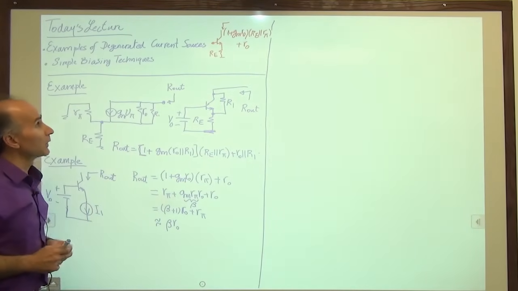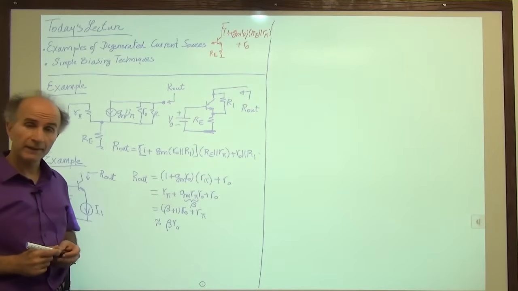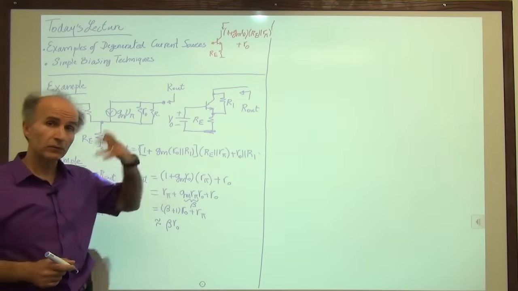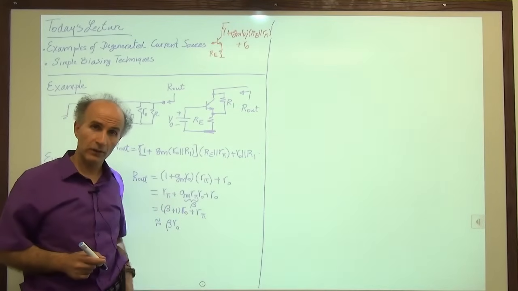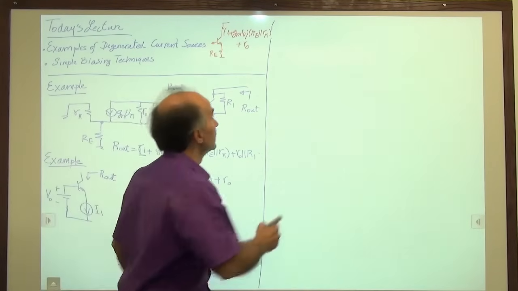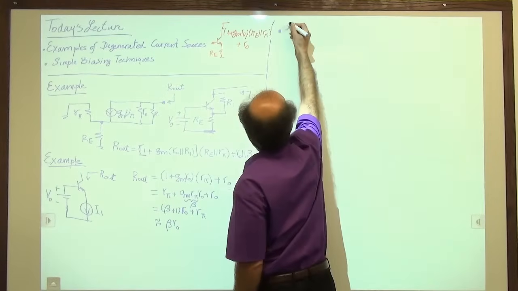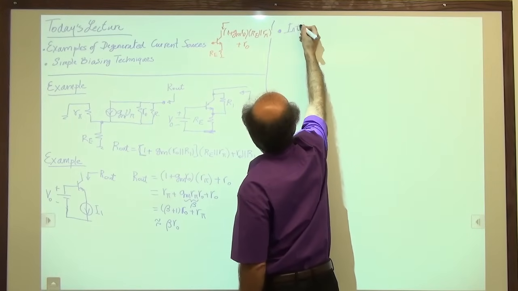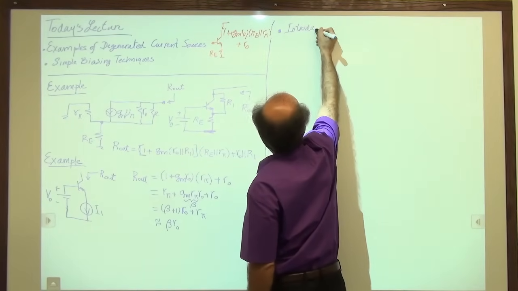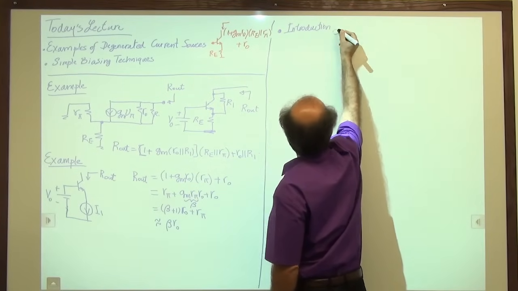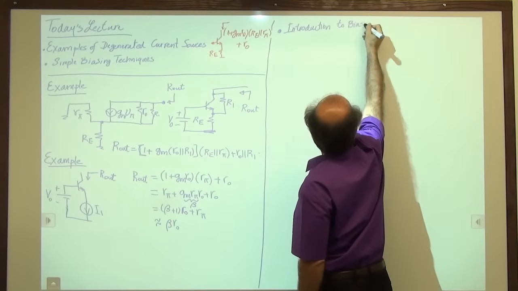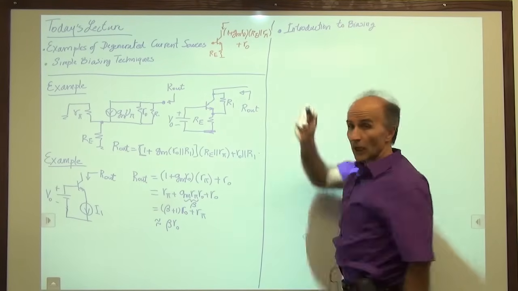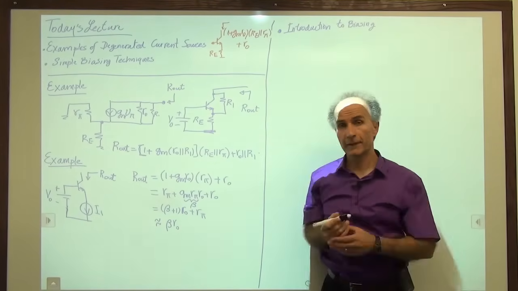All right. We are now ready to look at some biasing techniques. So let's go back to a long time ago and see how we biased our common emitter stage anyway. Let's take a look at simple biasing. I hope you remember by now why we bias a transistor.